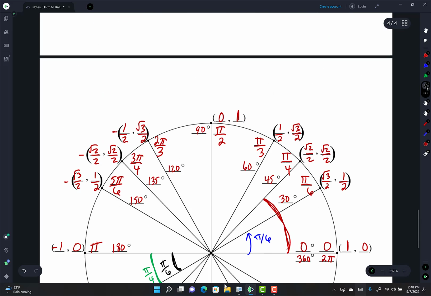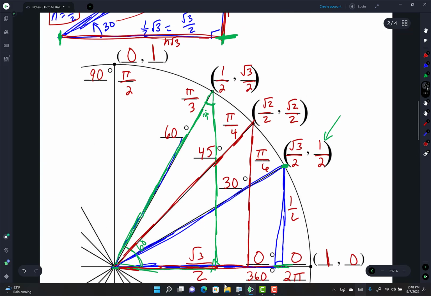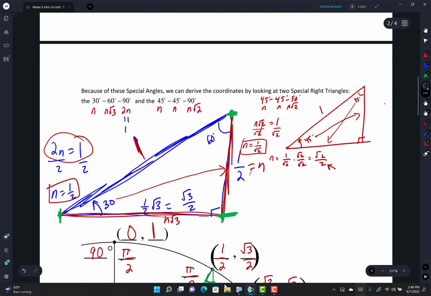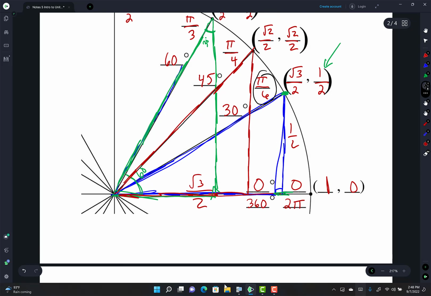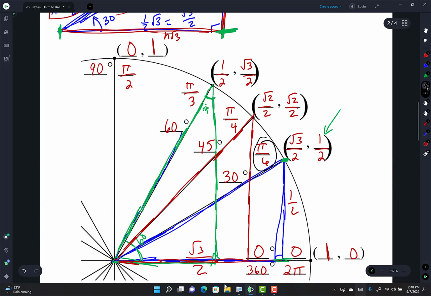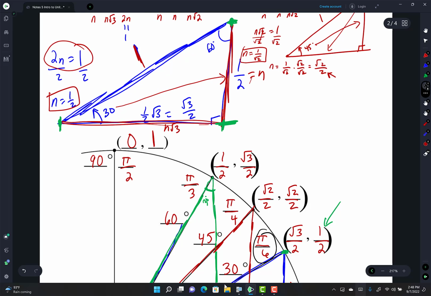Oh, I got that first from way back here when I was telling you guys to find these. Did I put it down? No, I didn't. I did it like this. I go 30 degrees times pi over 180, and then 3 goes into 18 6 times, so pi over 6. You can multiply everything by pi over 180.